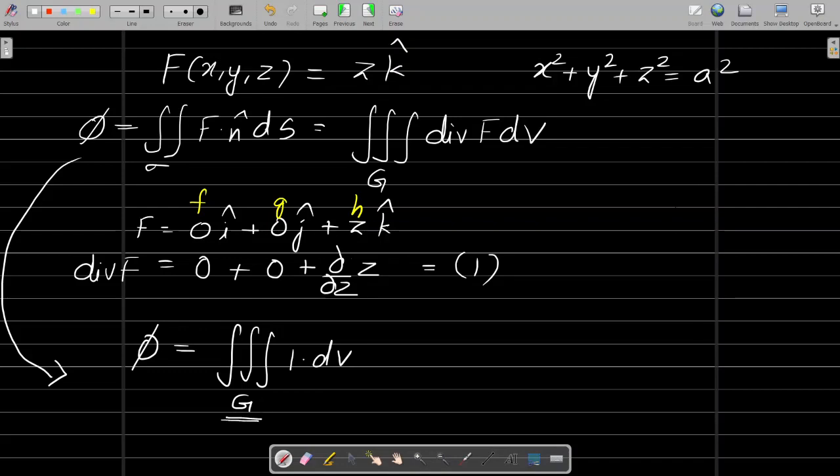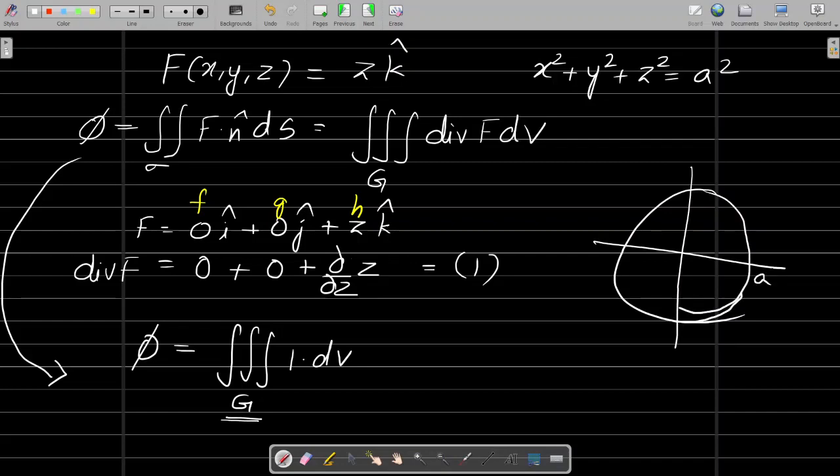Now what is this G? G is the sphere with radius a. The triple integral over G of 1 dV means we are actually evaluating the volume of the sphere. When your integrand is equal to 1, what you are evaluating is the volume of the solid G. Here the solid G is a sphere.